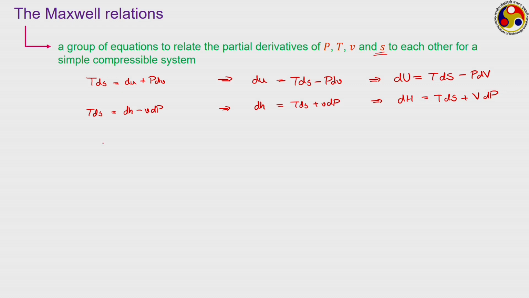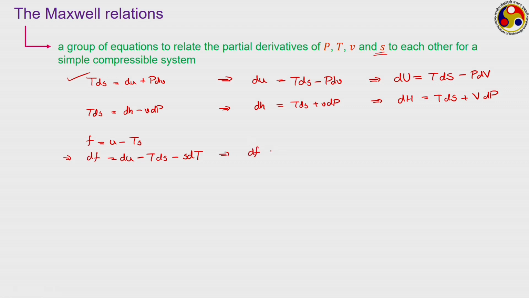Now, let me use the definition of the Helmholtz energy. What was your definition for Helmholtz energy? You had A equal to U minus Ts, that is dA equal to du minus Tds minus SdT. Now, du minus Tds we can take from this equation. Actually, I am more confident of writing this in terms of A, but we are using F, so let me stick to that.